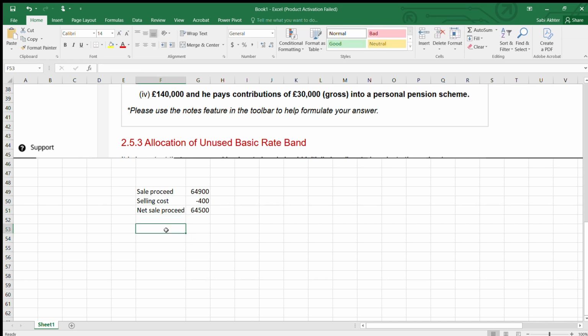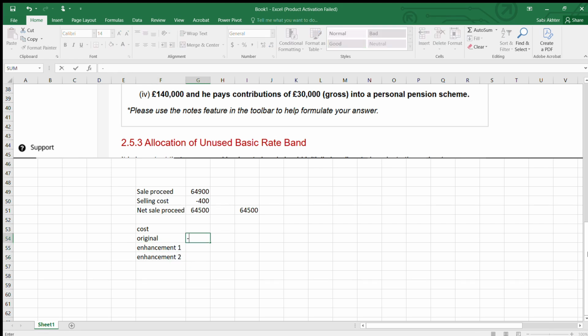Now deducting the cost. So 64,500 keep here, and the cost. So under the cost we have original cost and enhancement. Remember, we did enhancement twice in two different tax years.